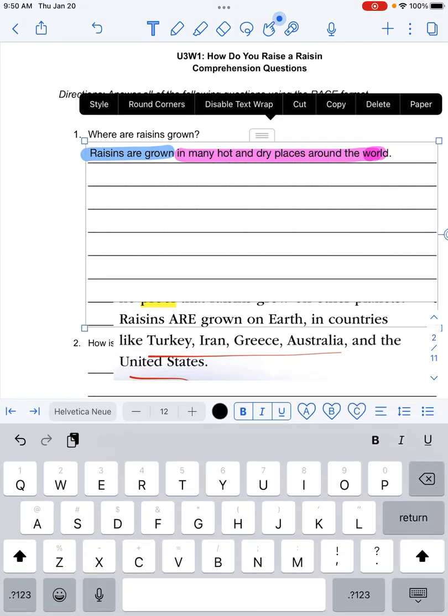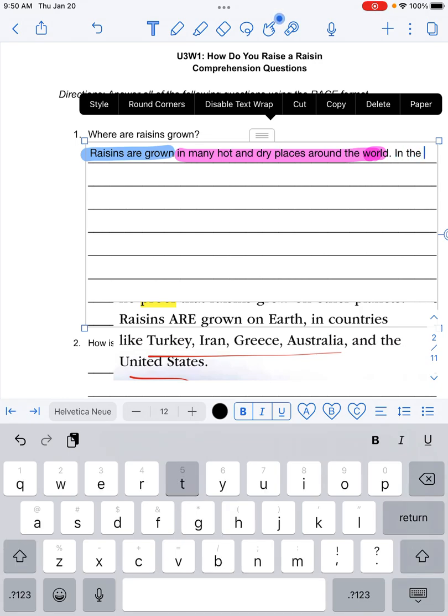And when I'm citing my text evidence, I need to first have a tag to say where I found it. So I will say in the text, it said, comma, quotation mark, and then I need to copy this sentence down exactly because this sentence proves that raisins are grown in hot and dry places.